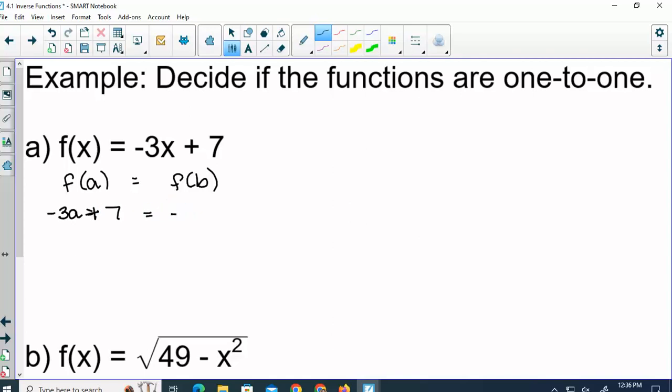F of b, we plug a b in for the x. So if we subtract our 7, divide by -3, you get a equals b. So that means the only way the y values are the same would be if those x's were the same to begin with. So that means it is one-to-one.